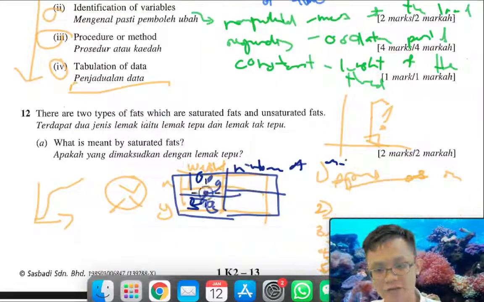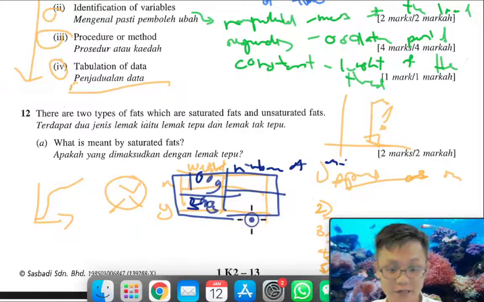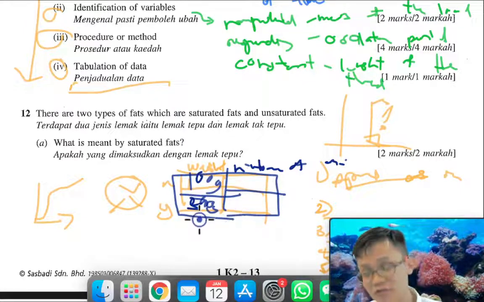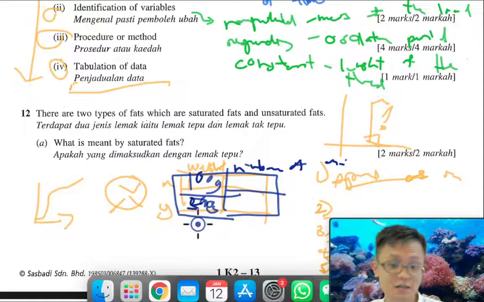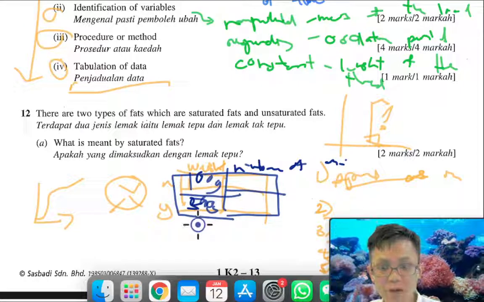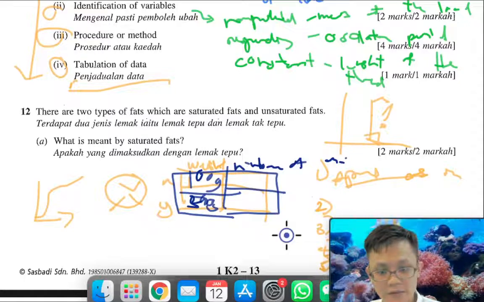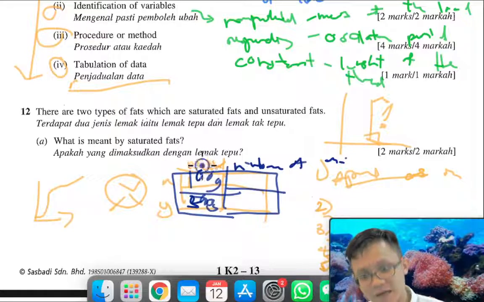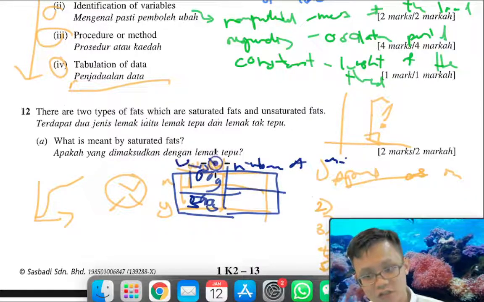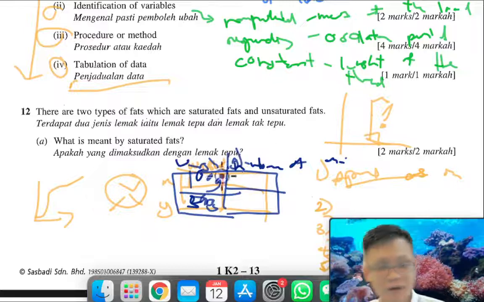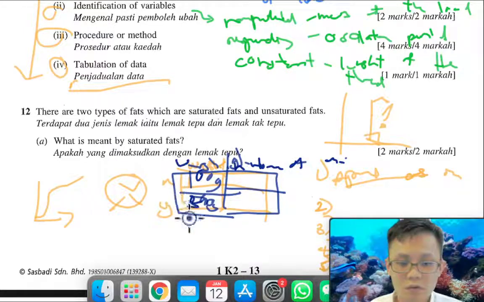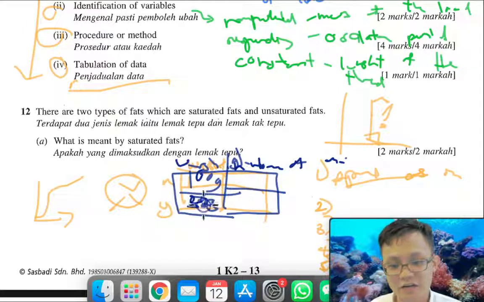Yes. Okay, so X and Y, remember to write in the variable, and sometimes students lose marks because they didn't write the unit. If you want to put the weight, make sure you write gram. If not, how do I know whether you put 100 kg or 100 gram?